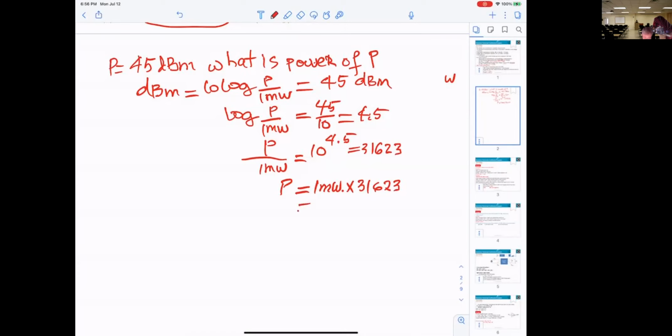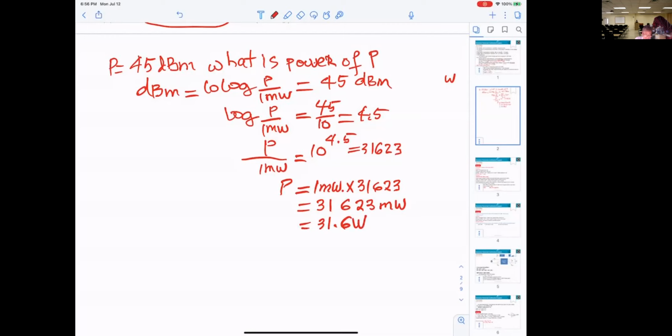So basically, you get 31,623 milliwatt or 31.6 watt.